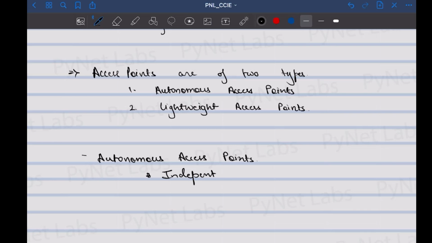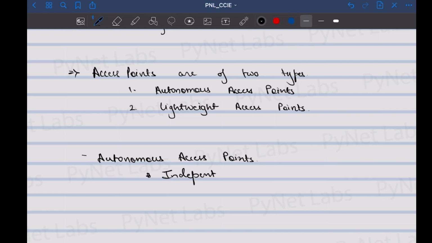So autonomous access points operate independently and are managed individually. This is a kind of limitation here, that they are also managed individually. So let's say you have 50 access points, you have to put configuration on all 50 of them one by one individually, because they do not have any knowledge about other access points or any other device that is operating.